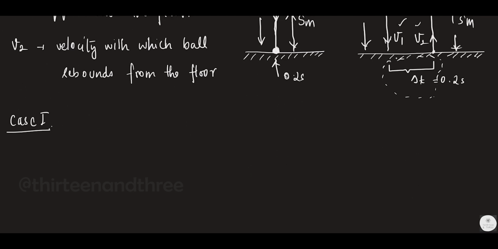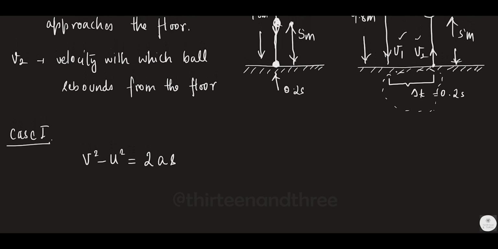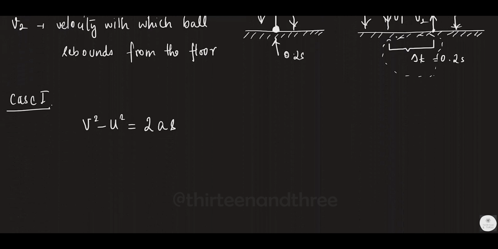We are going to use this equation of motion: v square minus u square is equal to 2as, where s is the distance, a is the acceleration, u is the initial velocity, and v is the final velocity. They have also given that we are going to take g as 10 meter per second square, and we take it as positive if it's in the direction of gravity, and negative if it's opposite to the direction of gravity.